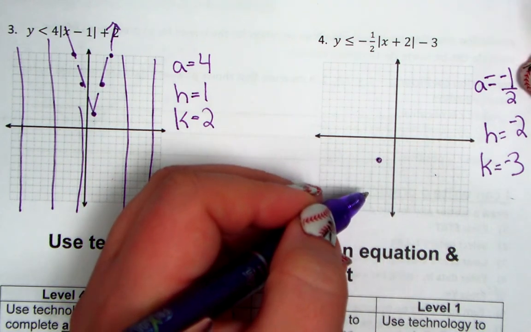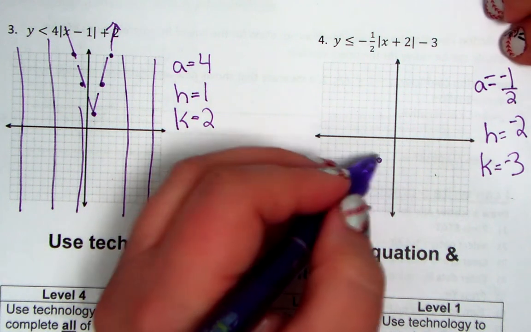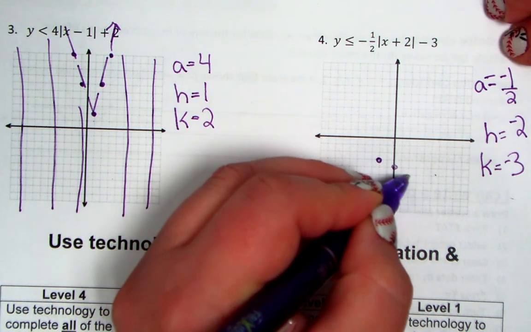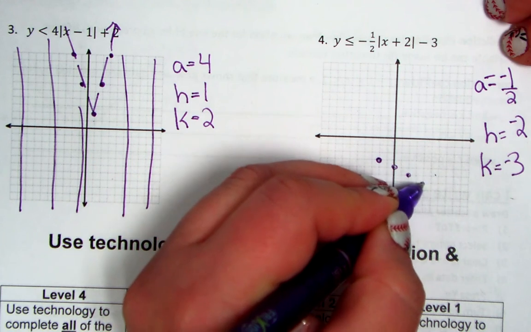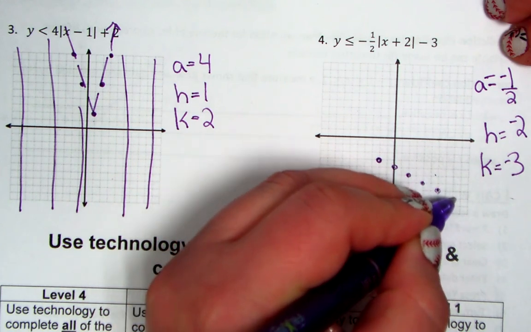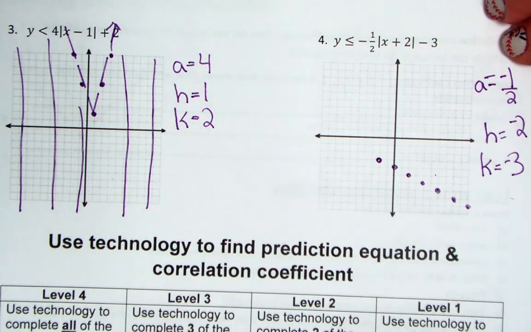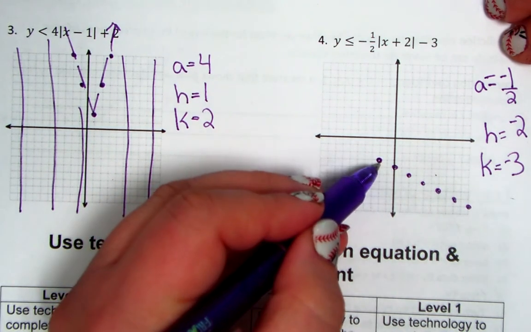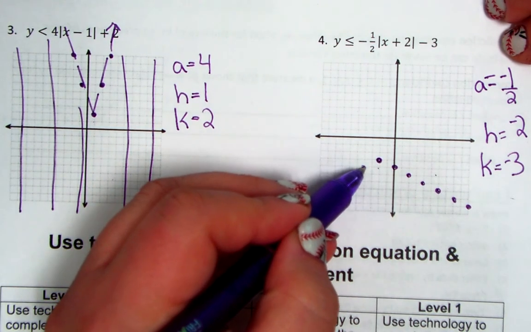From that point, we will move down 1, right 2. Then to get the other half of our V, we'll mirror those points by going down 1, left 2.